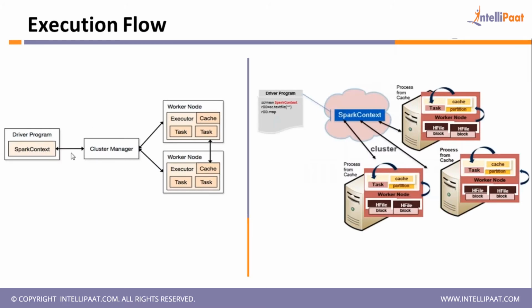If you look at the first diagram, Spark works on a master-slave architecture, right? You have a master machine which manages and monitors the job execution and initiates the job, and then you have the worker machines, or slave machines, where the actual tasks run.